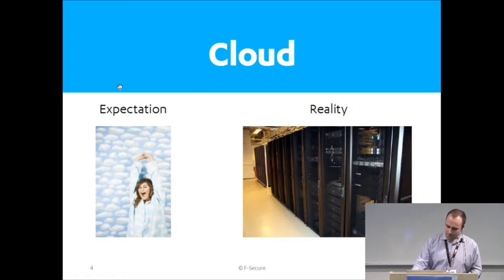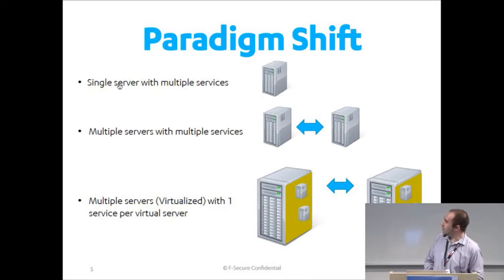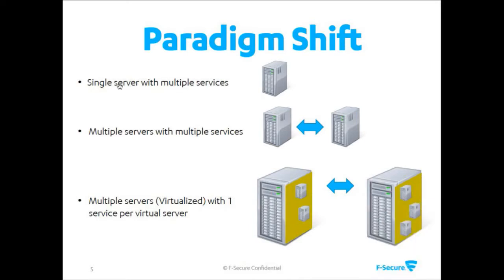So let's go back a bunch of years. Let's start thinking about how this changed, because it's important to know a bit of our history, what we had in the past in the company, and how this evolved. You can think that we used to have one single server that stored everything.